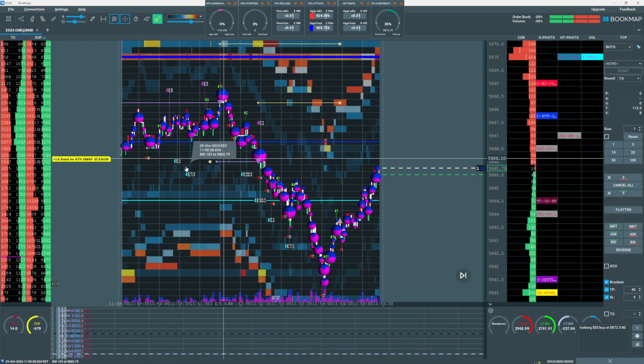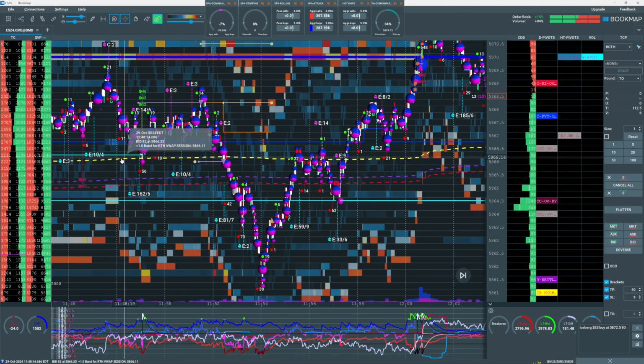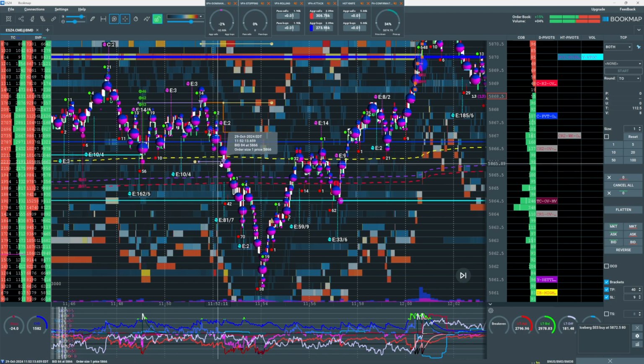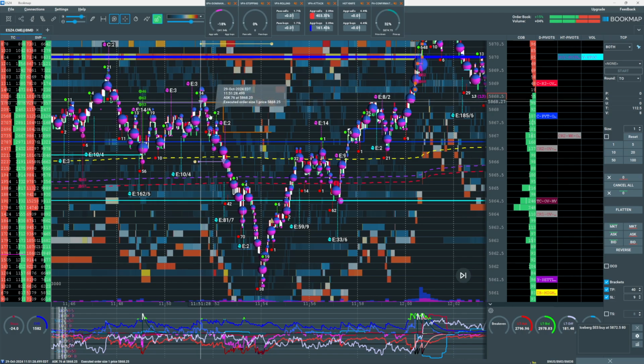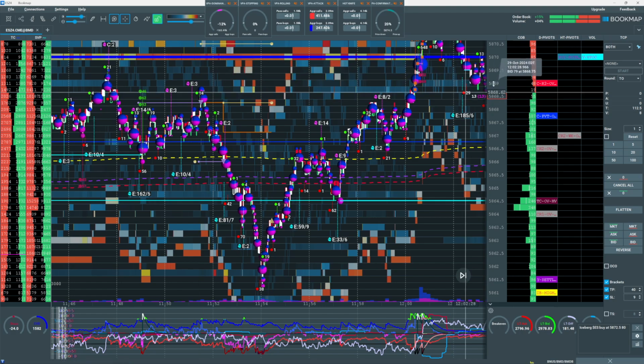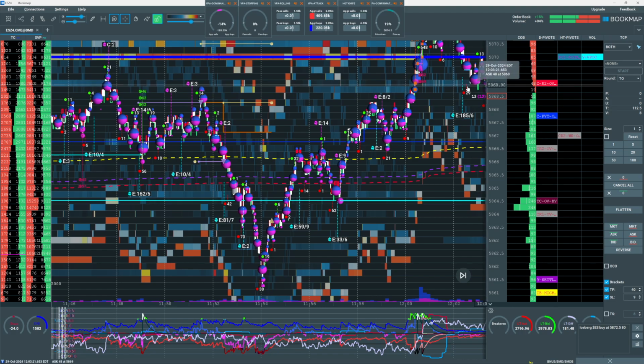So on the breakdown of this level here, which coincides with the structure, I entered another sell limit right here. So this is the breakdown of +1 VWAP. I added to the position, one contract here and another one contract at 58.6825, and Camarilla R3 is at 58.69.